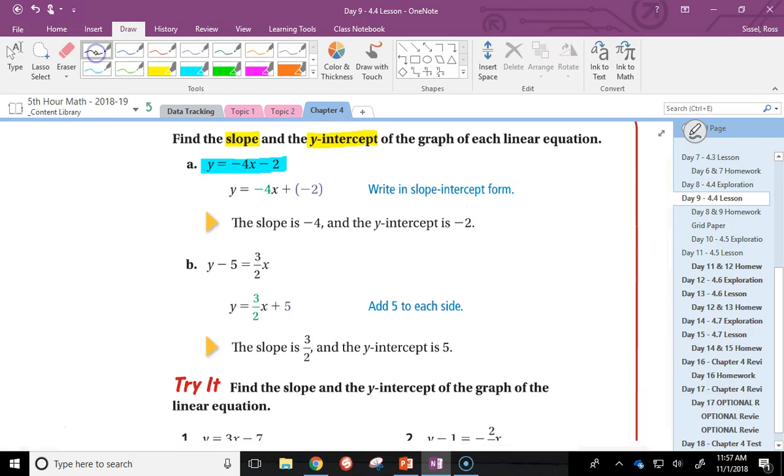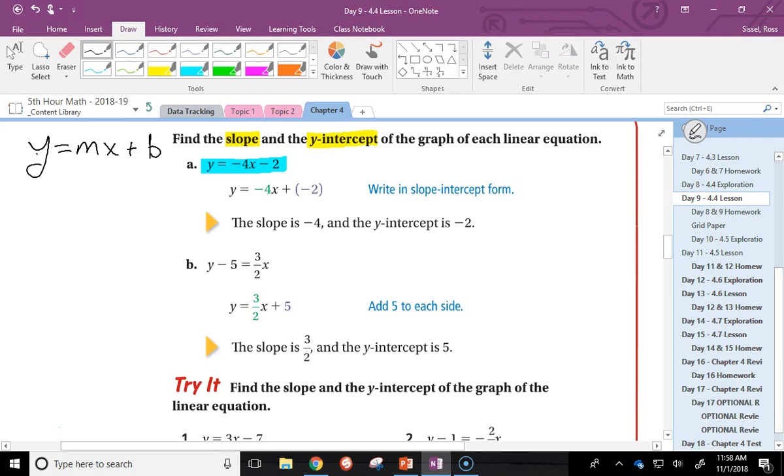Once again, because it's asking me about slope-intercept form, I'm going to write that down. Y equals mx plus b. My first question is, this equation, y equals negative 4x minus 2, is that written in slope-intercept form? Is y by itself? Yeah. Do they have the slope, negative 4x, and then minus another number?